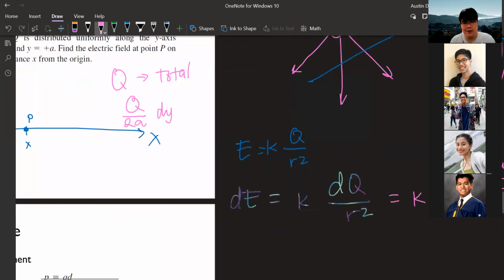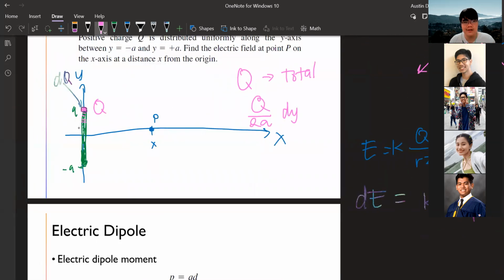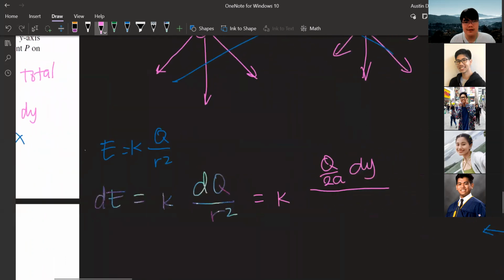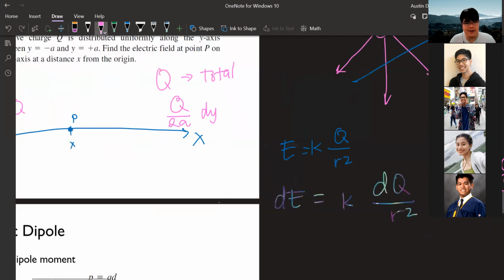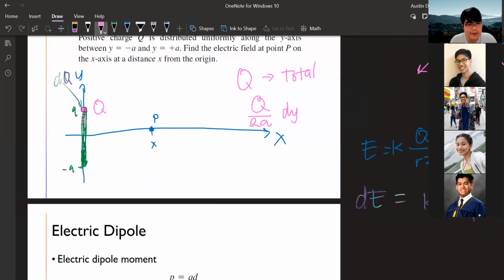Okay? Dahil nasa y mo bubuuin yung buong rod ng charges. And then r squared would be, dahil yung r squared mo, ito yun, the distance between that small bit to the point P or point X. Okay?